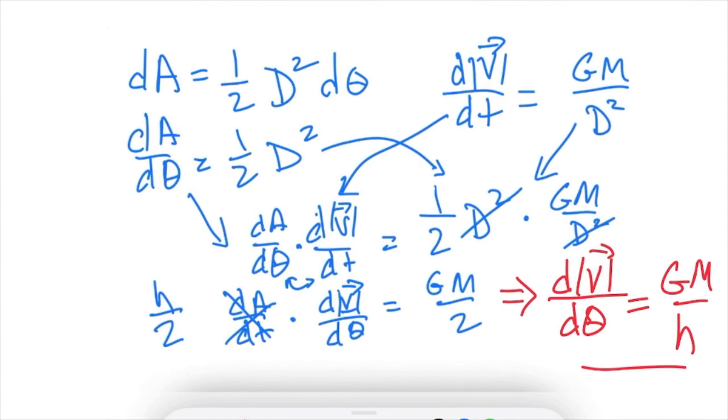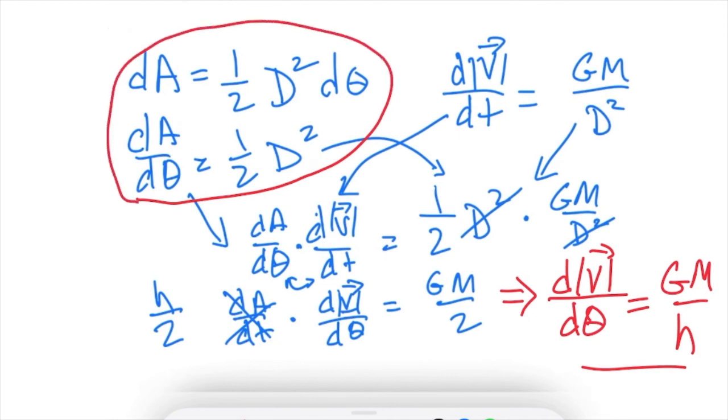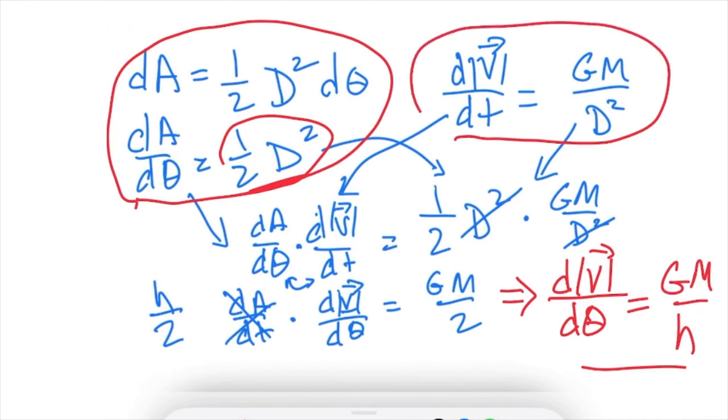It's simply a matter of taking Feynman's discovery that dA/dθ equals 1/2 d squared, and we combine that with this formula here, which comes directly from Newton's law of gravitation. And by combining those two equations and rearranging, we get this finding, which is going to be very useful.